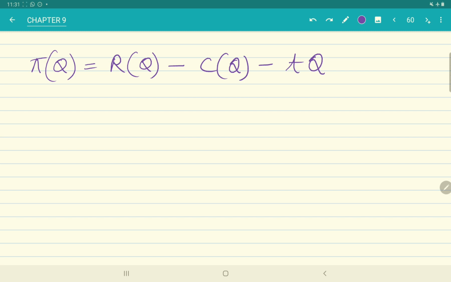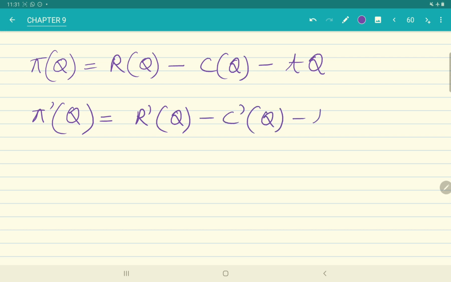Also, I suppose that the maximum profit is not at q equal to 0 or q equal to q bar. So the maximum profit is going to occur at a level q star inside the interval 0 to q bar, and there pi prime q star would be equal to 0. So pi prime q here is equal to r prime q minus c prime q minus t.